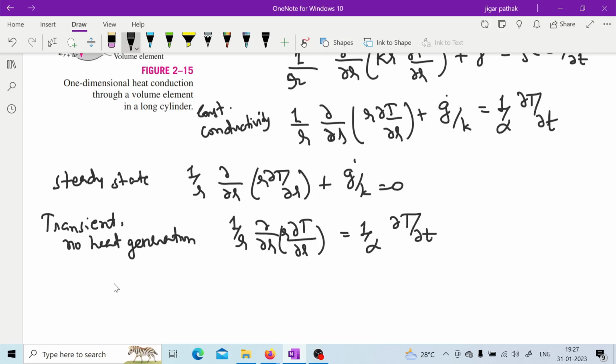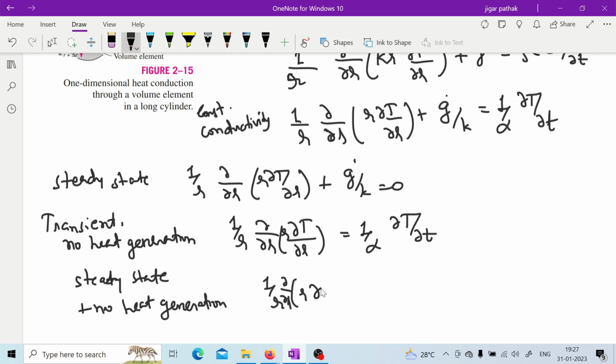And if you combine both steady state plus no heat generation, then you will have this 1 upon R del by del R, R del T by del R equal to 0, right?